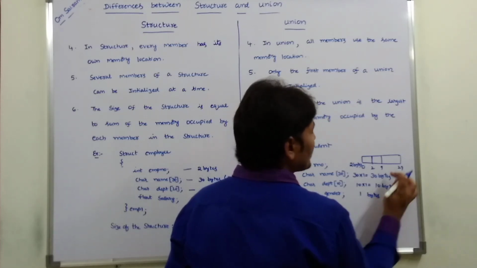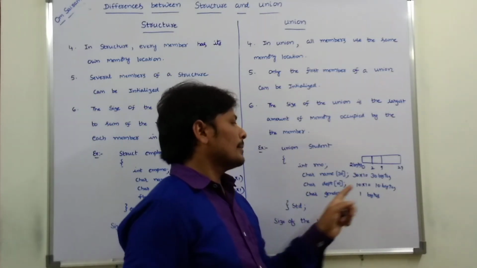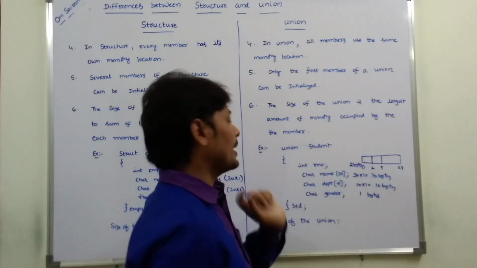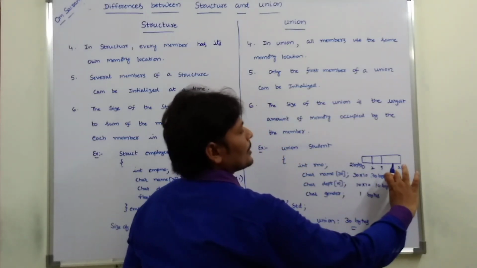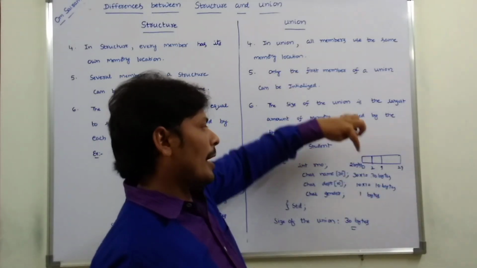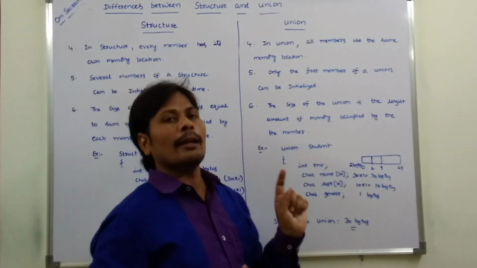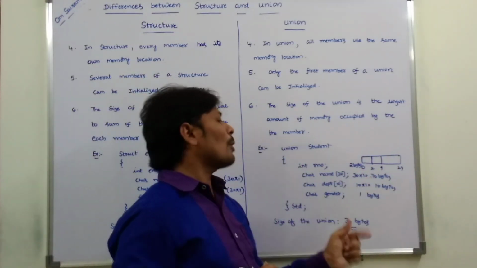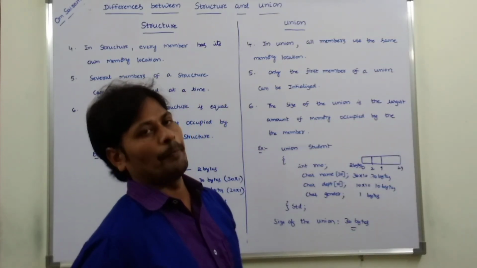Among them, which is the largest amount of memory occupied? That is 30 bytes. Among 2 bytes, 30 bytes, 10 bytes, 1 byte, which is the largest? 30 bytes. So 30 bytes is the size of the union.